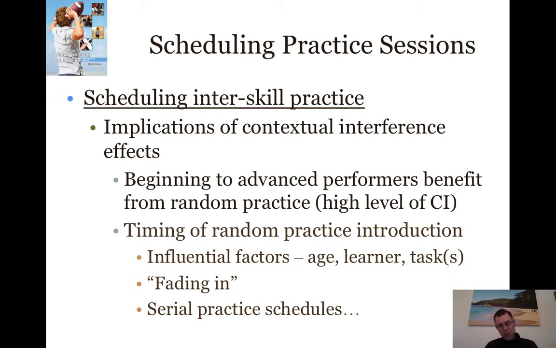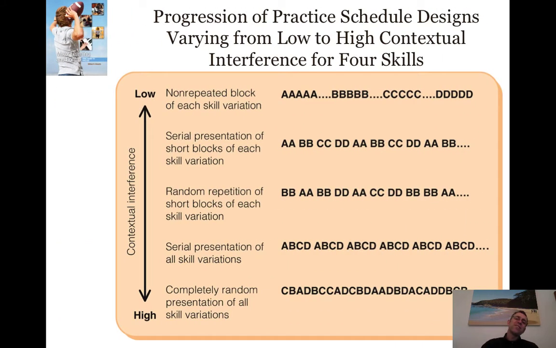You start off with block practice, and then you slowly start to randomize it. It isn't just an absolute, we do blocked and then go completely random. We go blocked, and then maybe do a serial practice schedule, which is somewhat random but not totally random, with some ability to anticipate what's going to happen.